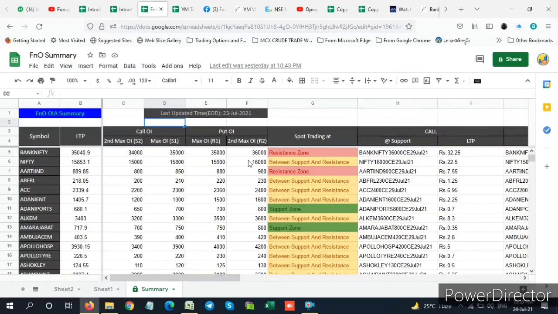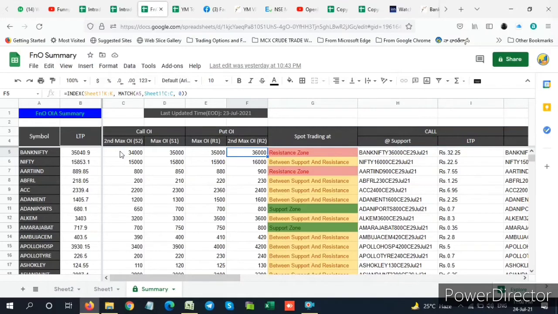And what is the situation of LTP now, where it is trading, means it is in between S1 and S2, or S1 and R1, or R1 and R2, either it is below support level or above resistance level.